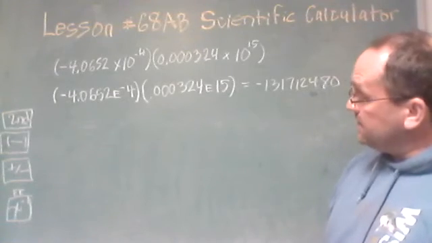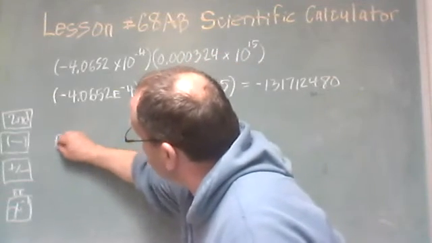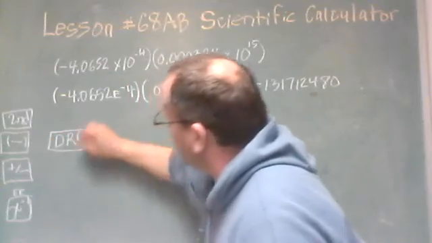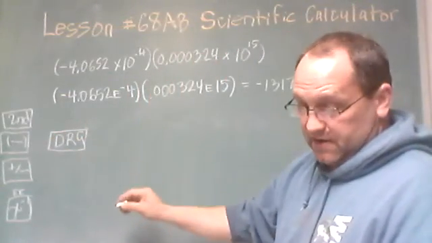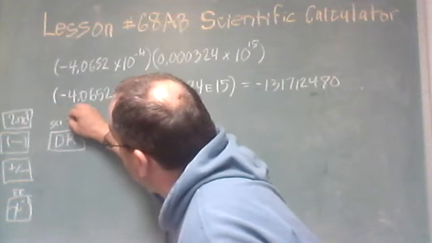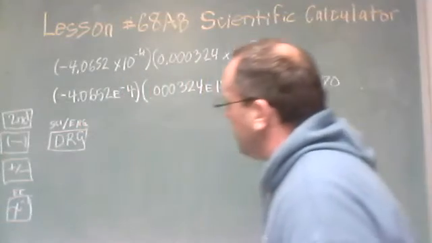So I have a button, the DRG button. It stands for degrees, radians, gradients, but the secondary function of that is SCI/ENG.